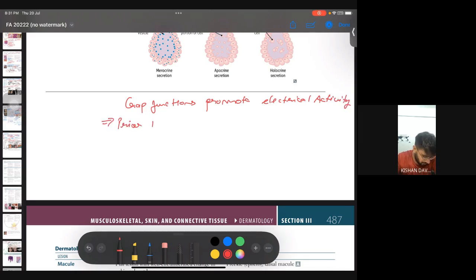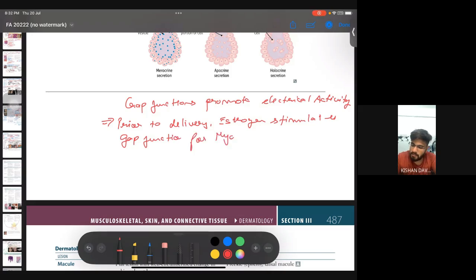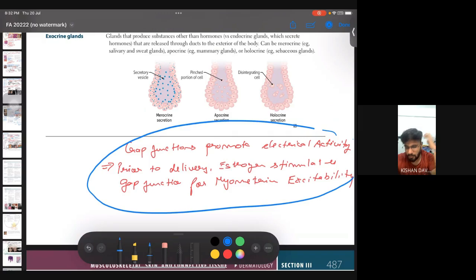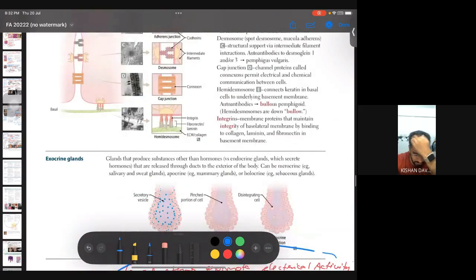So prior to delivery, estrogen stimulates gap junctions for myometrium excitability. All right, so this was one of the questions. I have written exactly the information as it was in UWorld. I expect you to note this down so that your UWorld question comes out right. Don't worry, this is all you need to know.